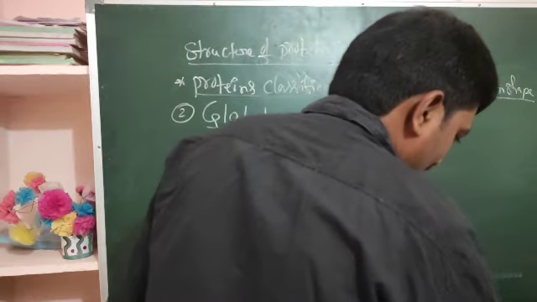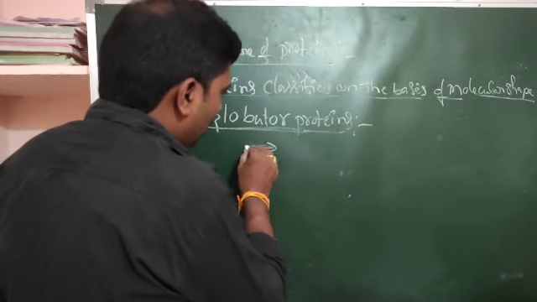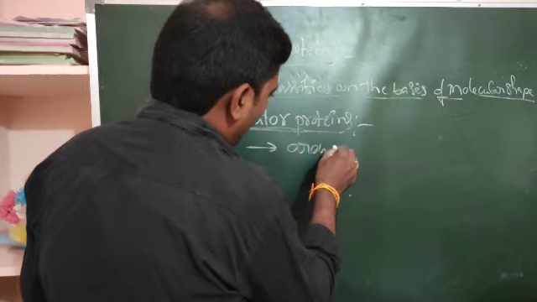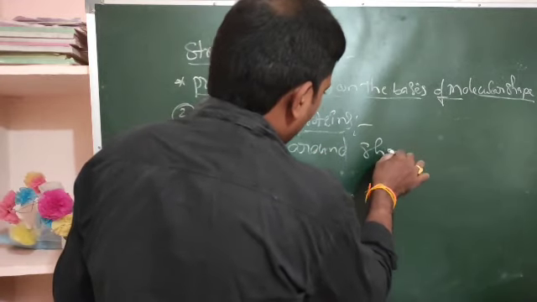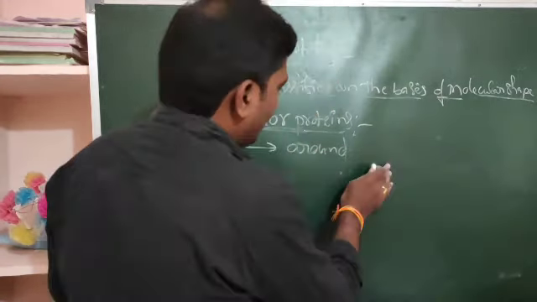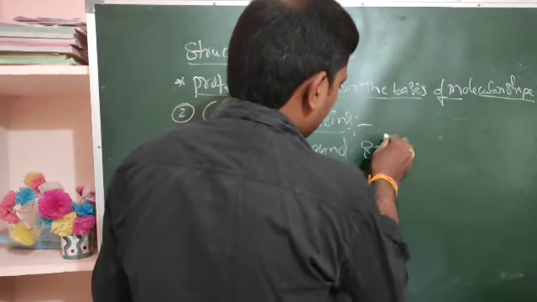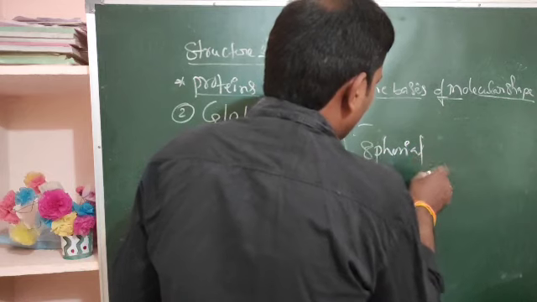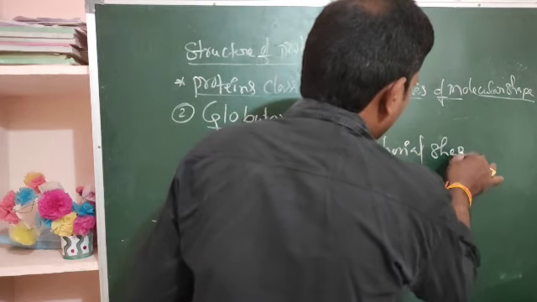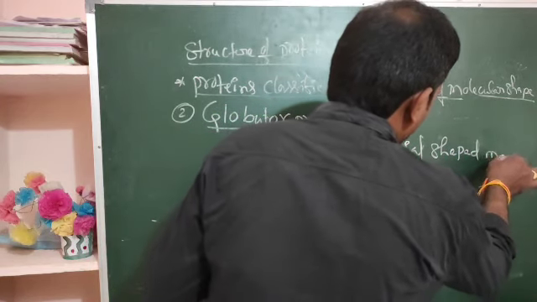So globular proteins have a round, spherical shape. They are spherical shaped molecules.